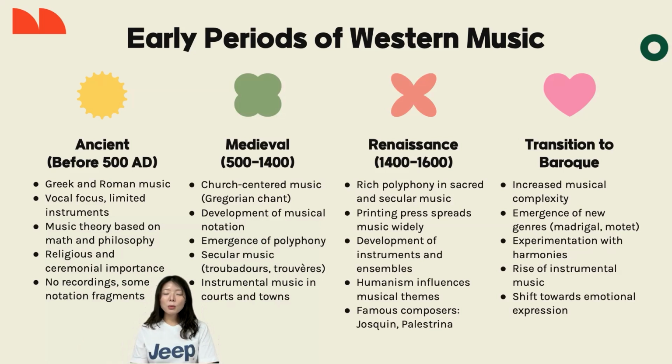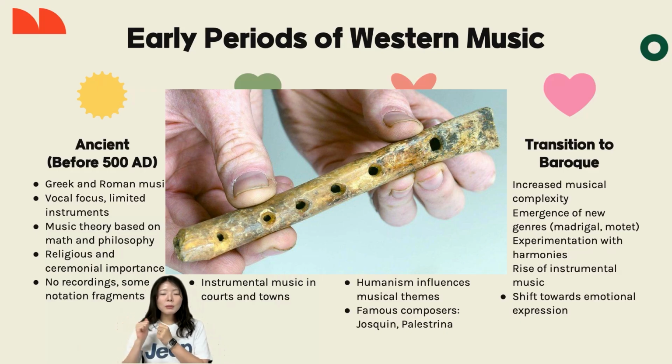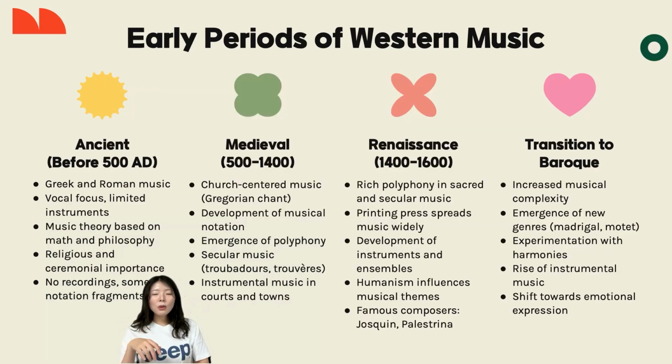Some instruments were not even invented yet. They had bone flute that was made out of animal bones. They made a hole into the animal bone and they blew into it and made sound. So everything was very primitive.